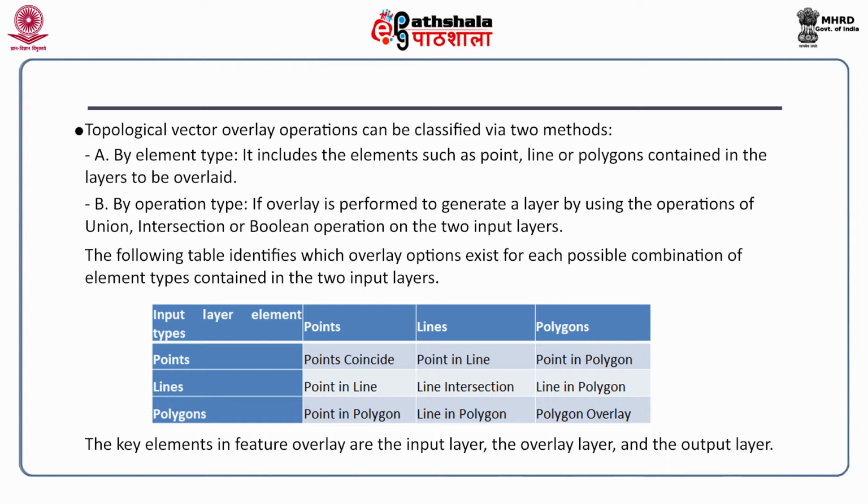Now, if input layer is a line, then we can have combination of point in line, line intersection or line in polygon. Also, if we have input layer as polygon and we have three options of point, line and polygon, then the combination could be point in polygon, line in polygon or polygon overlay. The key elements in feature overlay are the input layer, the overlay layer and the output layer.